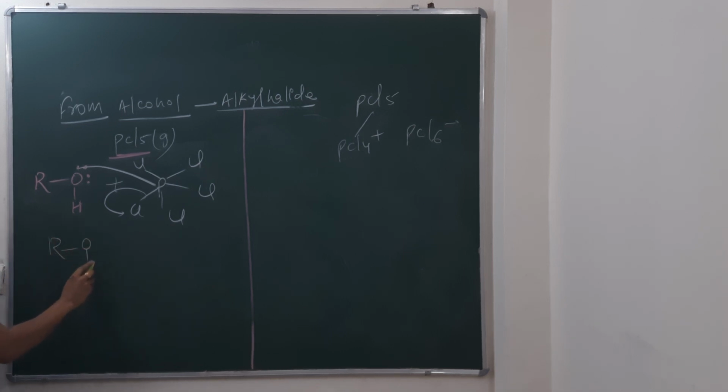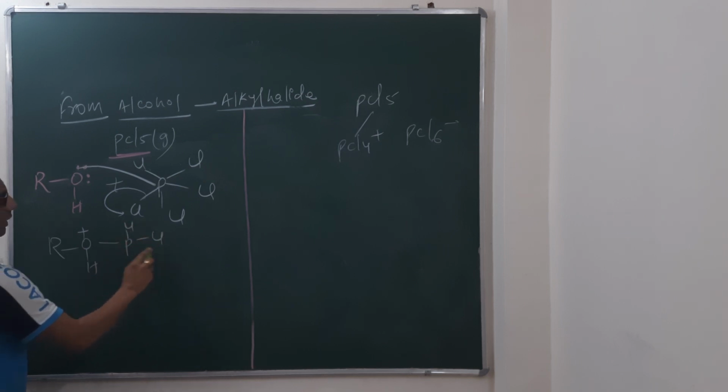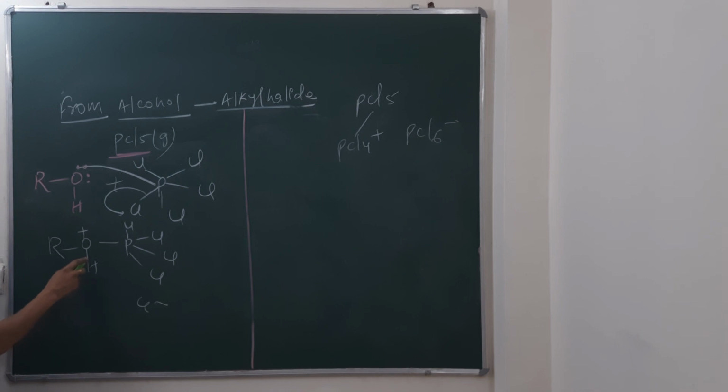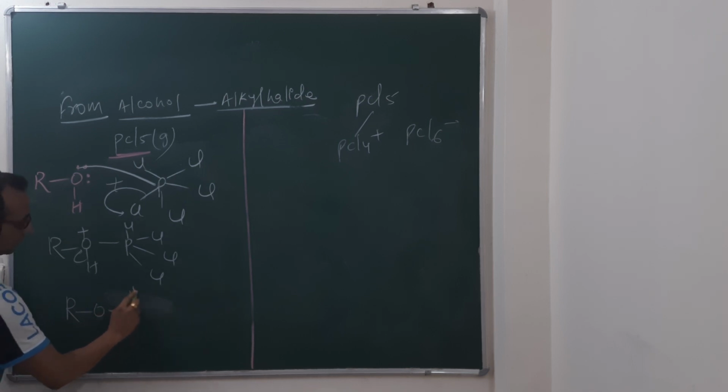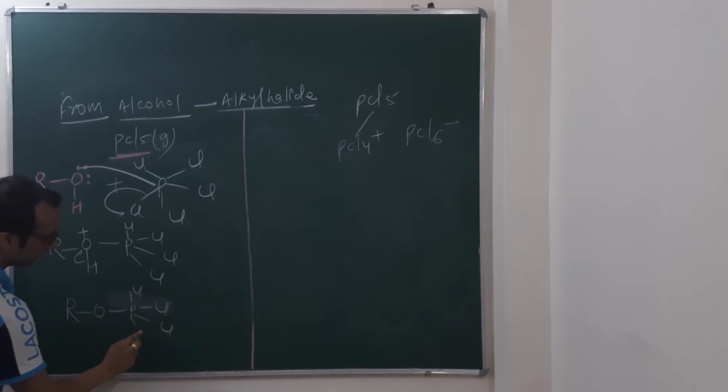R, O, H, now positive charge, P, Cl, Cl, Cl and Cl. So one chlorine is there. Now that because unstable is there, so what happened? H plus will leave the positions, and see here: R, O, P, Cl, Cl, Cl and Cl.